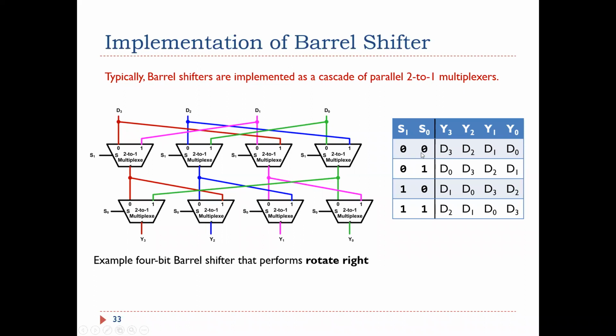So if we do 2 times of rotate right, you get 1 time of rotate right like this. If you do another time, D2 comes here, D3 comes here, D0 comes here, and obviously D1 comes in this location. So this is 2 times of rotate right of the input D0, D1, D2, D3.